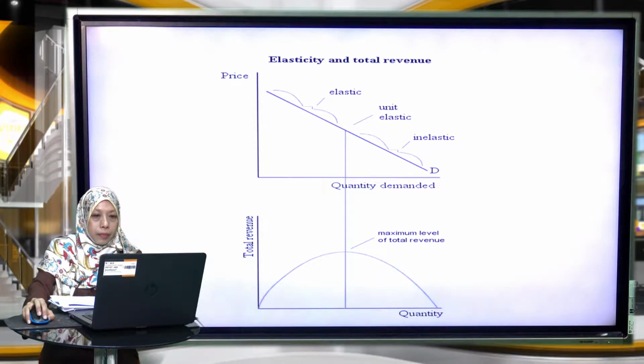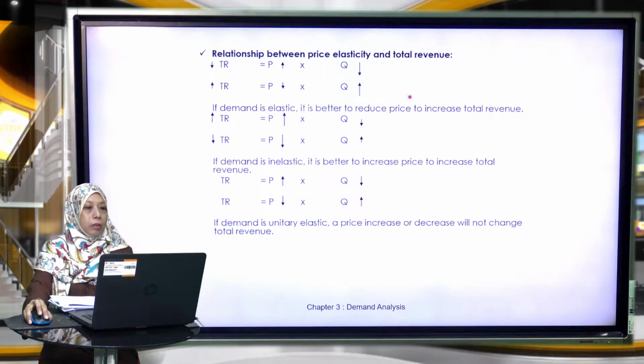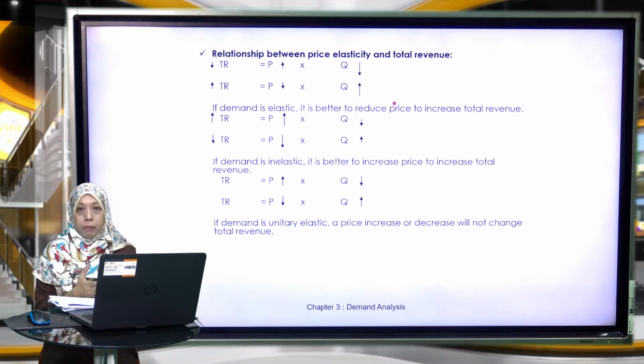Now, we want to know what's the reason for calculating price elasticity of demand. As I highlighted to you earlier, the main reason why we calculate price elasticity of demand is to help us with pricing policy.